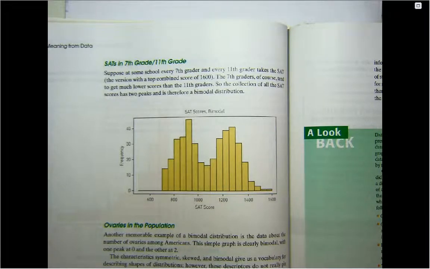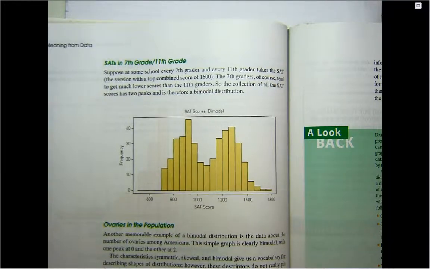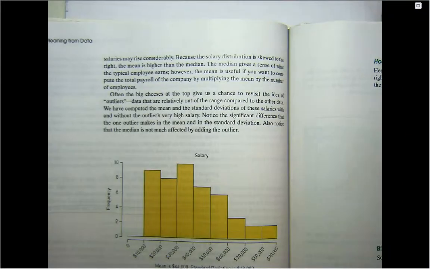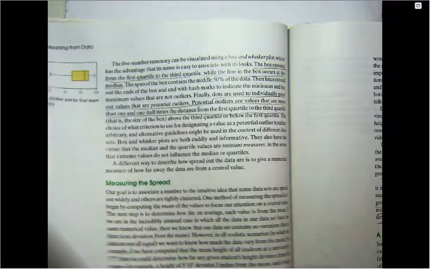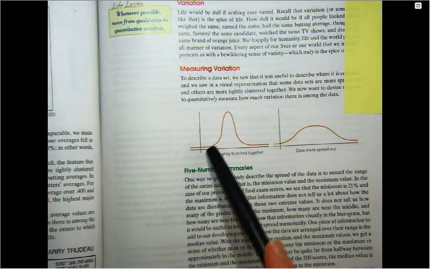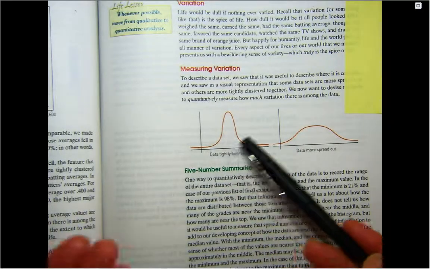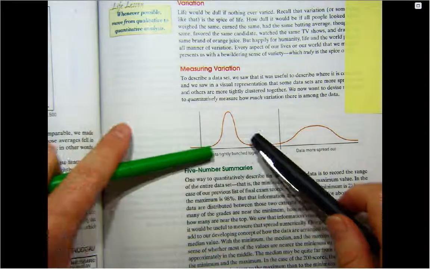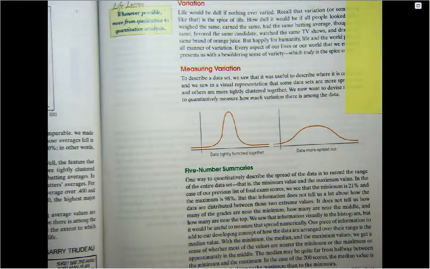Now you can study this idea of a normal curve very intensely. In fact, you can study it enough to figure out how much it varies. So even if you have a regular bell curve shape, your bell curve could be sharply contracted around the center, or it could be spread out. And that measure of how spread out the graph is called your variation.